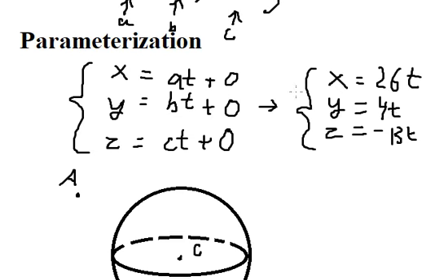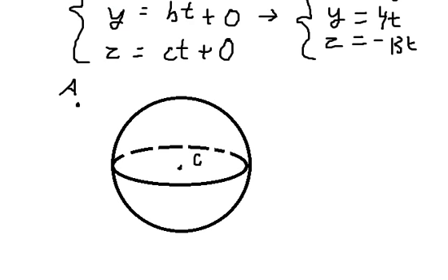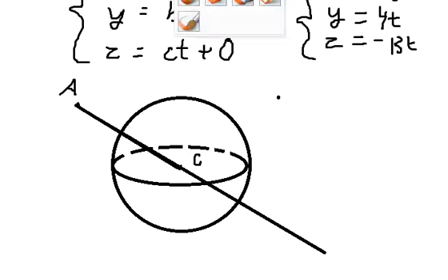We just find the parameterization of the line. So A goes to C, and we know that this line will go through the sphere, so we will have 2 points, for example one in here and one in here.